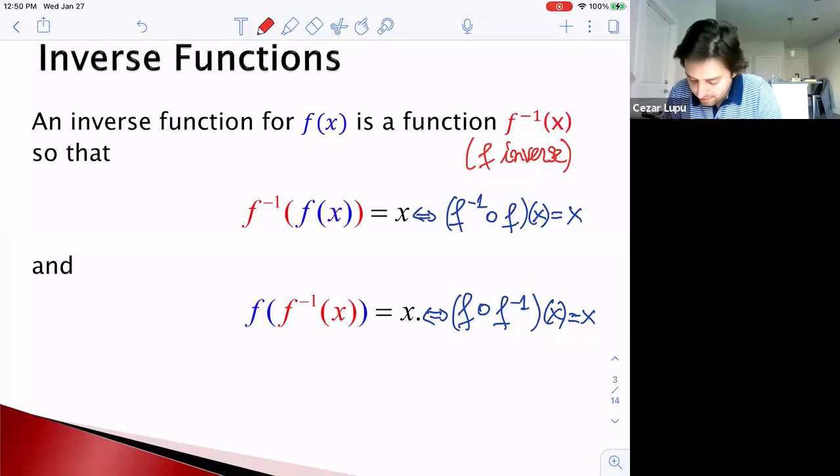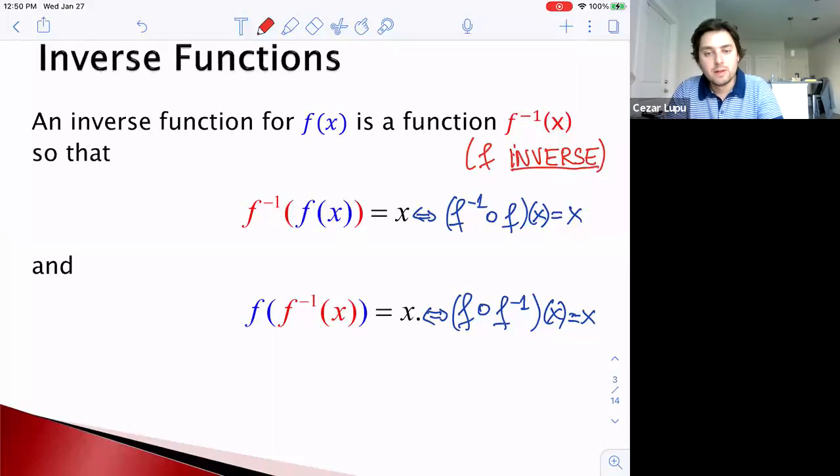So in other words, I want to make myself clear: when you have f to the power -1 there, you read it as f inverse. Let me write it with a capital F, F inverse. That's how you're going to read it.